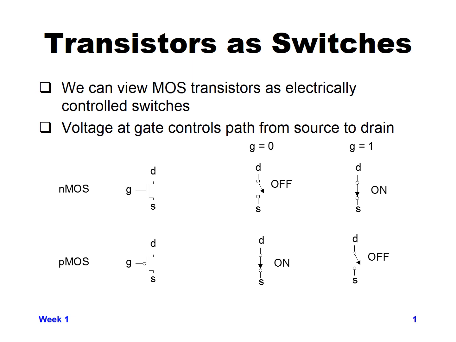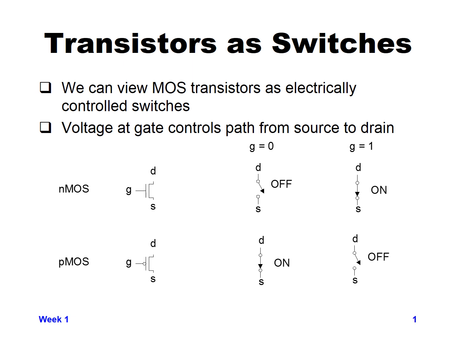And if the gate for a PMOS is connected to ground or 0, then the switch is turned on and it will allow current to flow from the drain to the source. So this is inverted behavior from the NMOS, as you can see above.